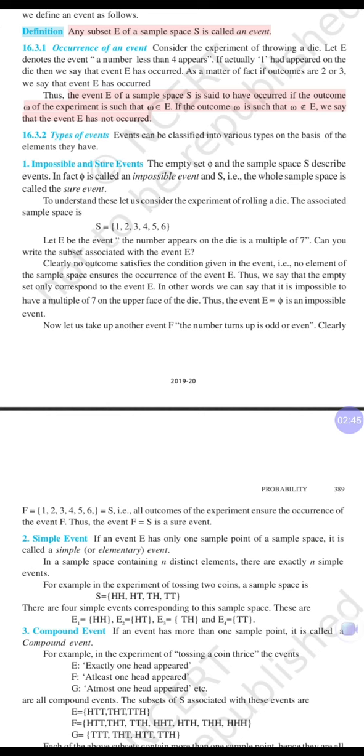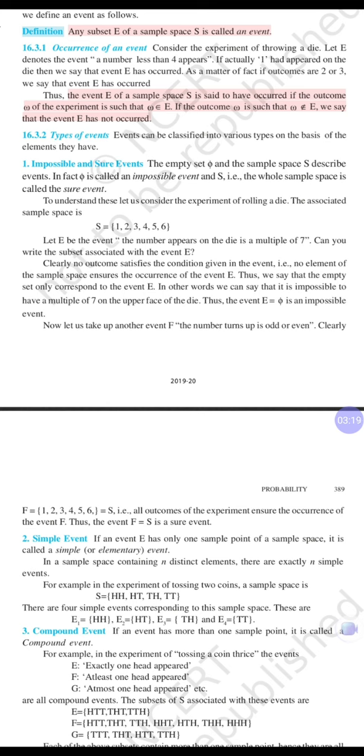When we throw a die, we can get any of these six numbers. Now if we say that we want an even number, then either 2 can come, 4 can come or 6 can come. So this event has three elements, 2, 4 and 6. So now we can say that this event has occurred.